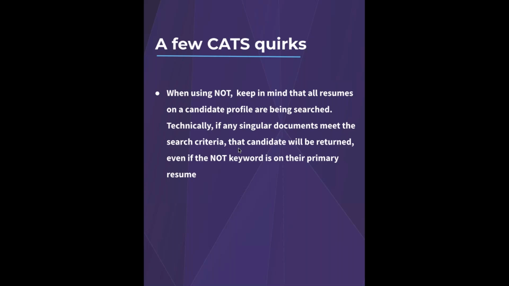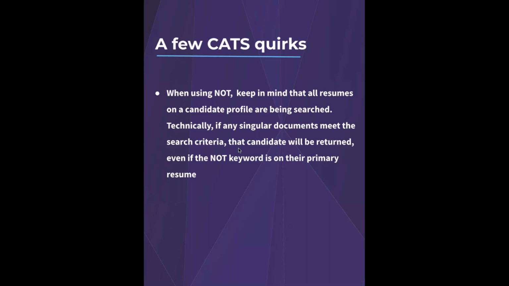So his most recent resume that you got from him last month says, I'm an aerospace engineer now. But he has 4 other resumes on his profile that do not, because he wasn't an aerospace engineer yet. Again, one of the things that CATS does, it's not perfect, but these are the search rules that we have in place.